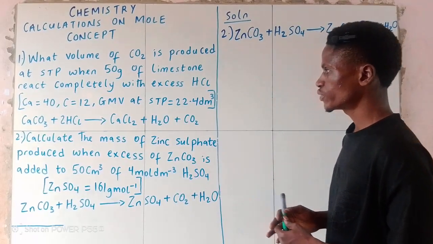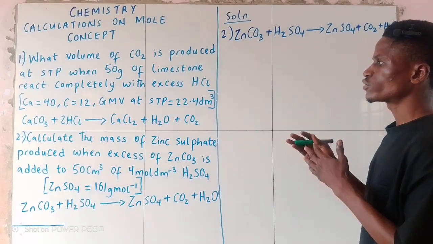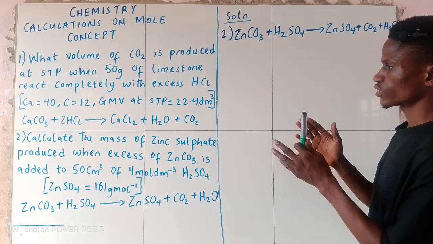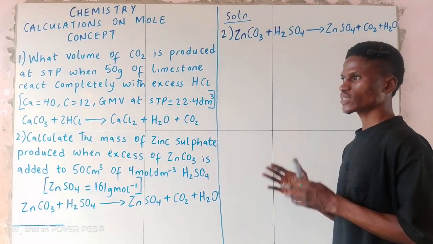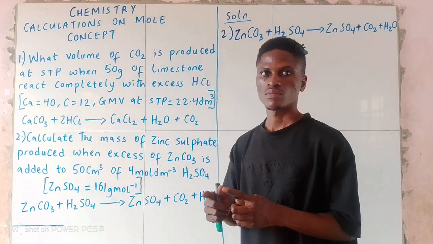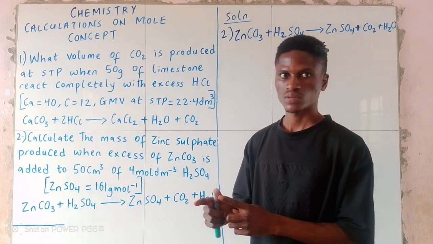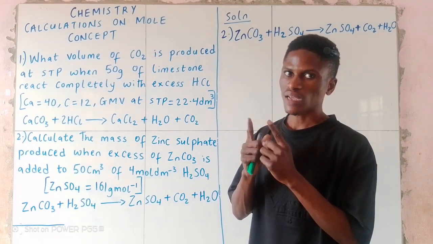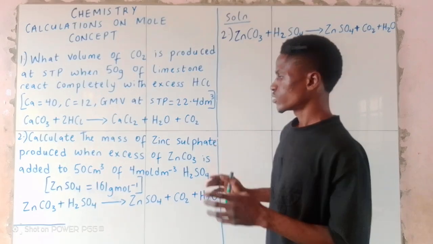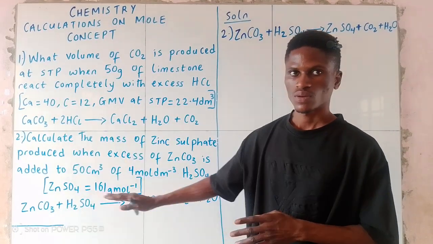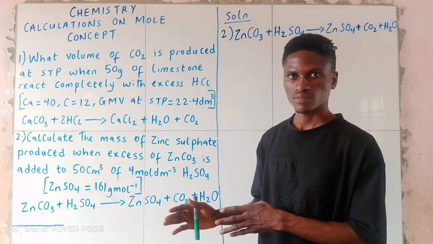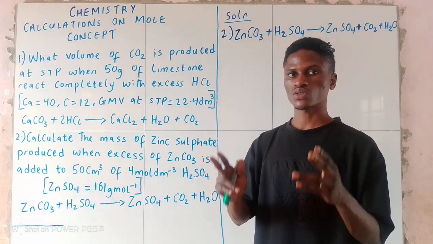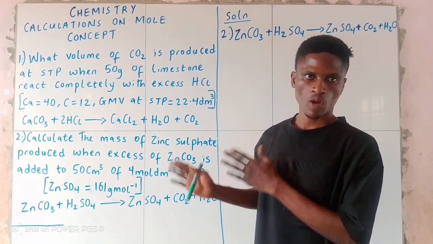Our next step is to bring out the 2 relating substances. And remember, I said that one of them must be unknown and the other one must have value. No matter how many substances you have on the equation, your attention will be drawn to just 2 of the substances.